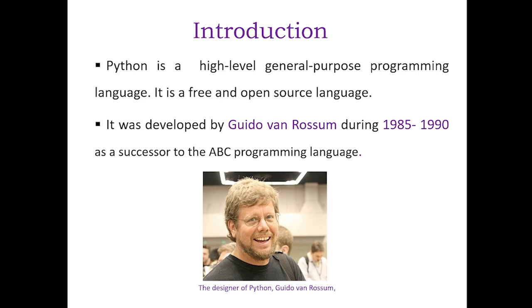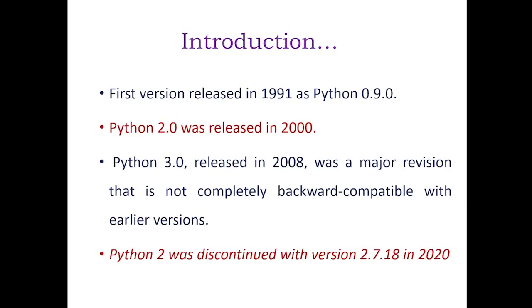Python was developed by Guido van Rossum during the years 1985 to 1990 as a successor to the ABC programming language. And what are all the different versions? In the year 1991, Python 0.9.0, the first version, was released. After that, Python 2.0 was released in the year 2000.